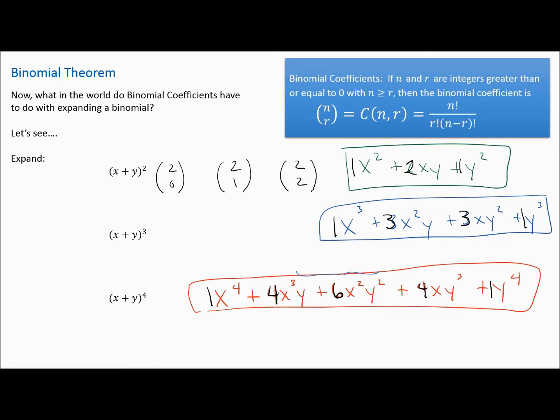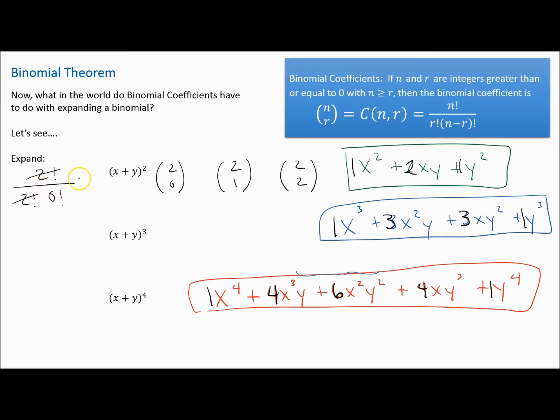Now, if you don't believe me, let's do those calculations. What is 2 choose 1? It's 2 factorial over 1 factorial, and then remember to subtract them, over 1 factorial. 2 factorial is just 2. 1 factorial and 1 factorial is just 1. You see that does give you 2. Then finally, let's try 2 choose 2. It's 2 factorial over 2 factorial, and then we subtract them, so that's 0 factorial.